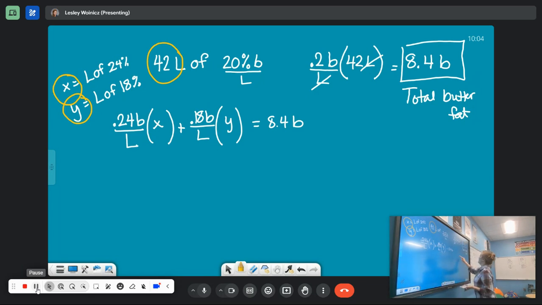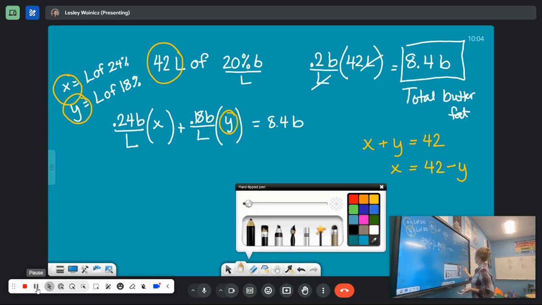So X liters plus Y liters has to add up to a total of 42 liters. Now I can solve this cute little equation for X. So I know that X has to be 42 minus the other kind of liters. I'm now going to plug that in for this Y.